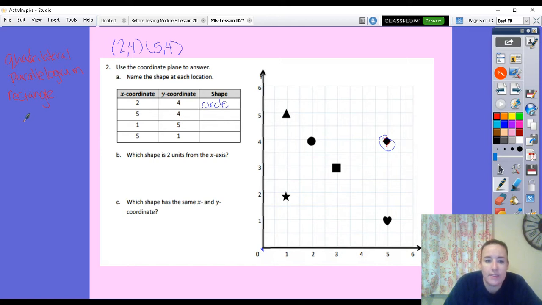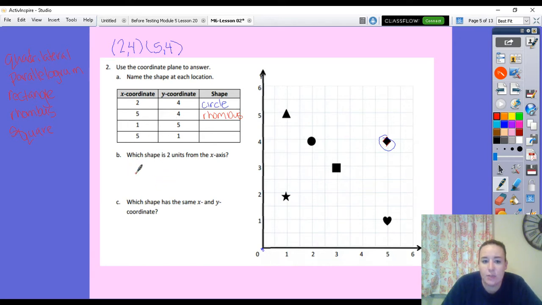I could also list it as a rhombus because it has 4 equal sides. So because this one here, I could also list it as a square because it has 4 right angles and 4 equal sides. But because this one looks like a square, I'm going to list this one as a rhombus. So you're going to continue to do that.